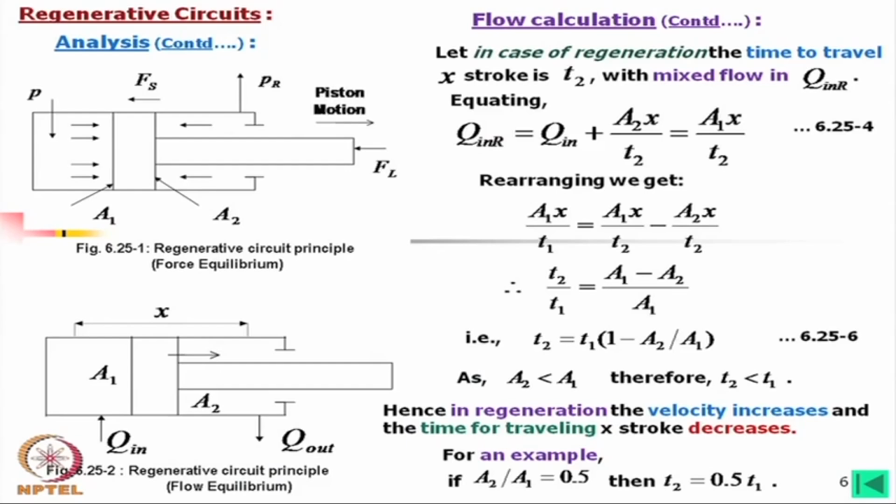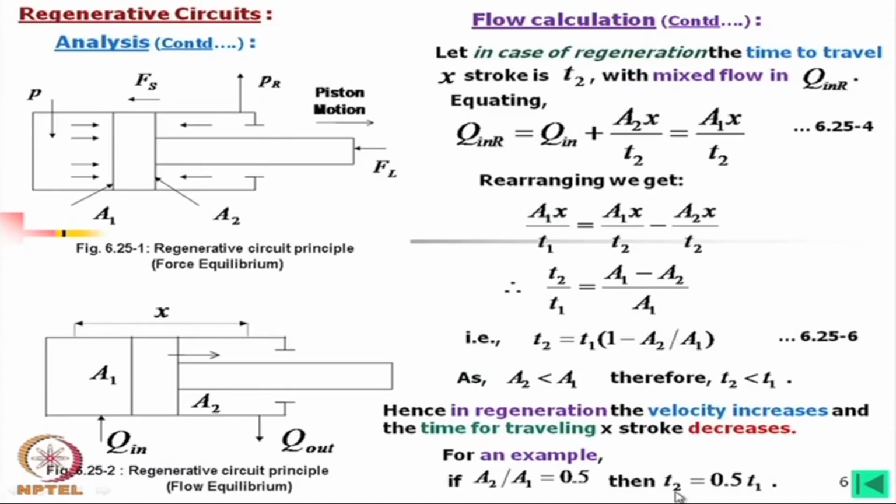I have seen that while calculating, many students and engineers make a mistake, they consider the diameter is half and arrive at a wrong result. So, just remember this area is half, not the diameter. So, what we get is T2 is half of T1. So, in a simple circuit, whatever the time taken, in case of a regenerative circuit, we have half the time to travel.